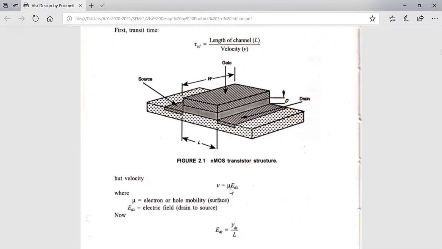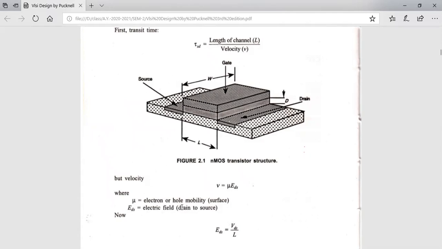Velocity is depending on the body which is moving, right? Its mobility, if influenced by some other external electric forces, plays a very important role. So this mu is its mobility, that may be an electron or a hole, multiplied with its electric field, EDS.